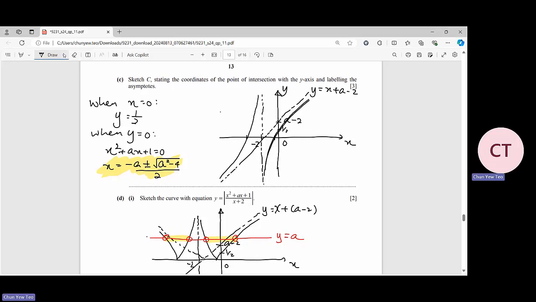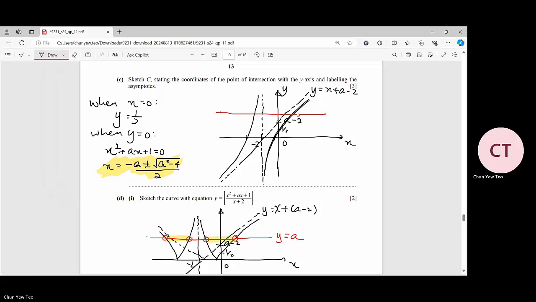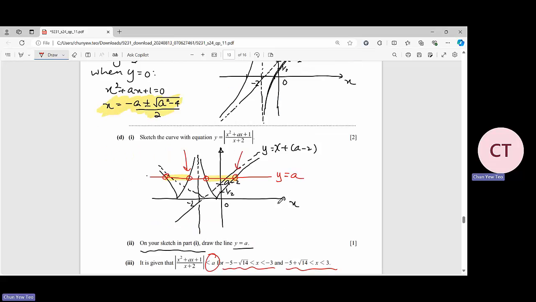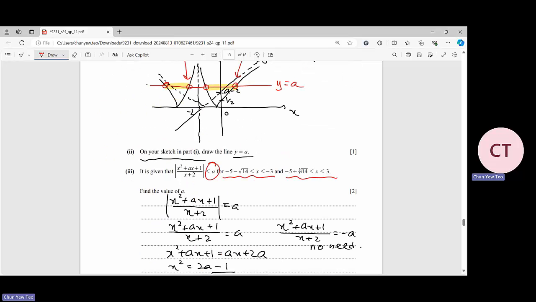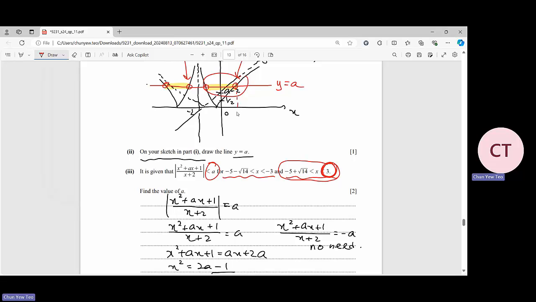These intersections will be representing this one and this one in the original graph. So from here, you can see that if you compare, this mark is over here. In the original graph, this is 3. So your x is 3. That means when you put it down here, this is 3.